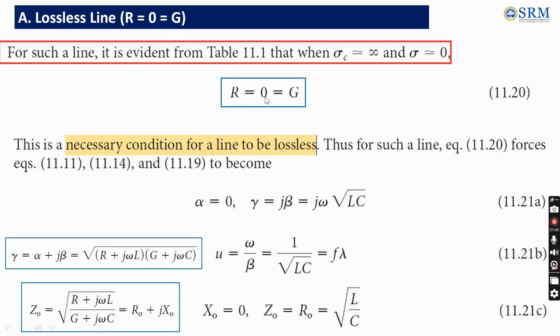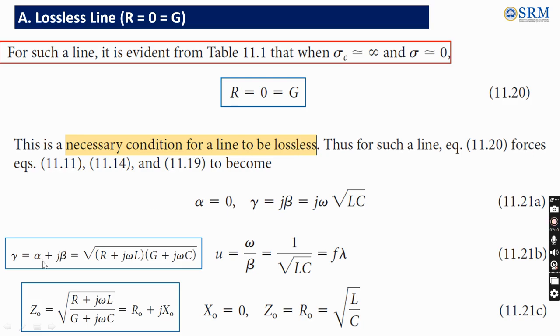For such a case, we are going to find the attenuation constant, phase constant, that is the propagation constant, and the characteristic impedance, as well as the velocity of the line. First, R and G both are 0, which is a necessary condition for the line to be lossless.